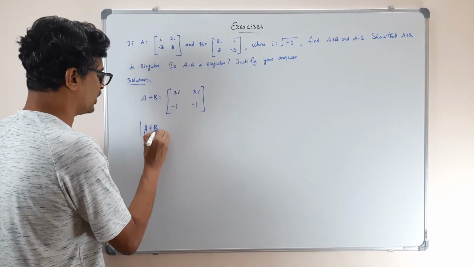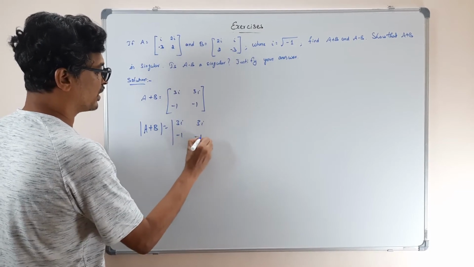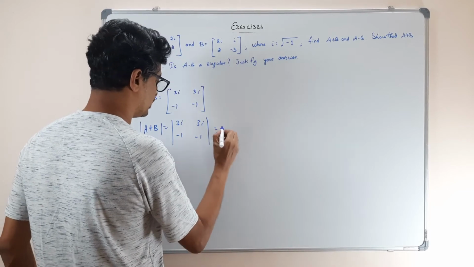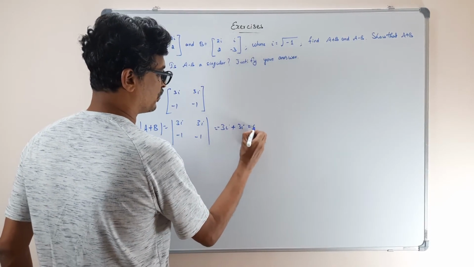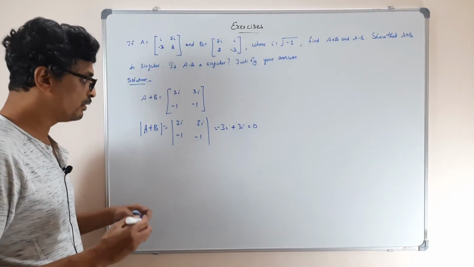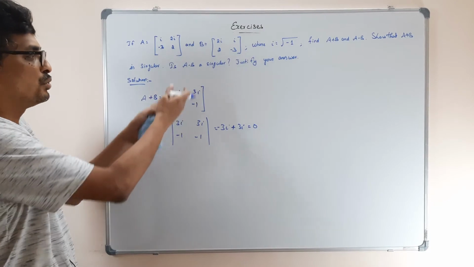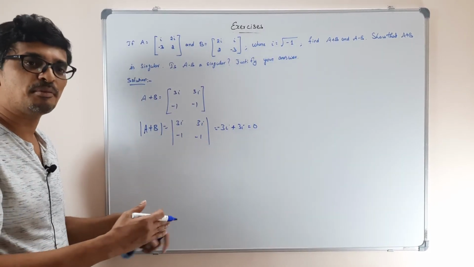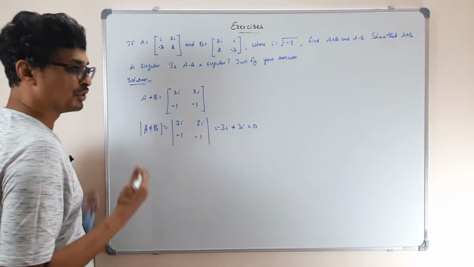Determinant of A plus B equal to what? 3i, minus 1, minus 1. Okay, and so this will be what? 3 minus 3i plus 3i equal to 0. Okay, you can show it, but if you know that in a determinant any two columns or rows are identical, then the determinant is 0. That's one of the properties of a determinant. Okay, so this will be 0.